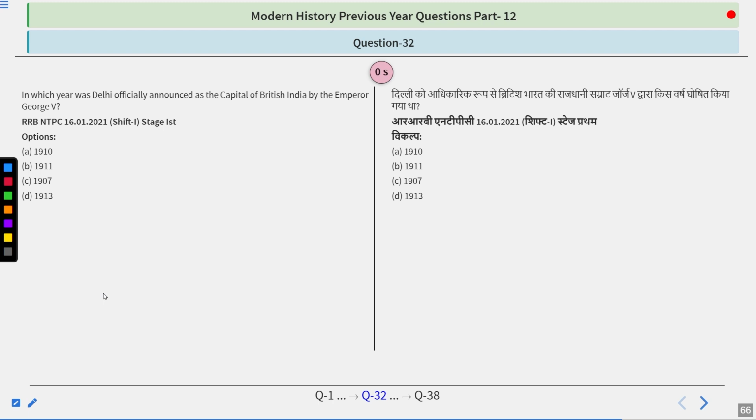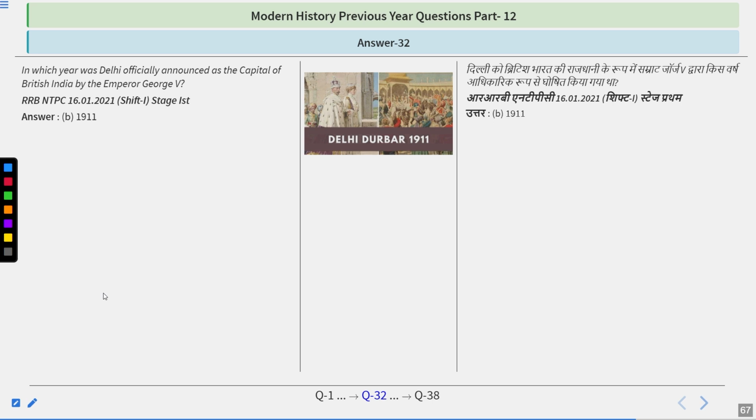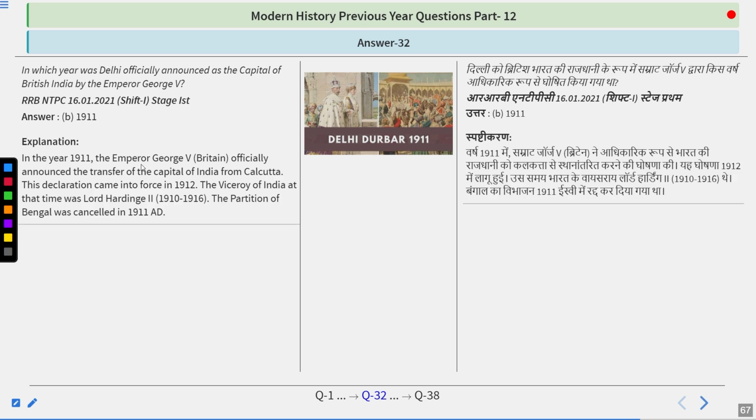And I guess you have figured out the answer. The answer is 1911. So in the year 1911, George V officially announced the transfer of the capital of India from Calcutta. This declaration came into force in 1912. The Viceroy of India at that time was Lord Hardinge II. The partition of Bengal was cancelled in 1911.